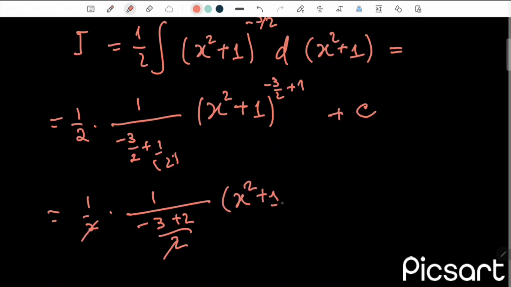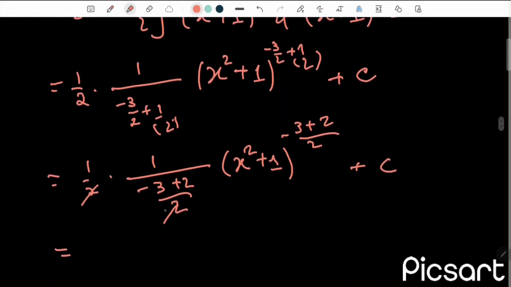Here (x squared plus 1) power (minus 3 plus 2) over 2, plus c, and we have minus 3 plus 2 is equal to minus 1.